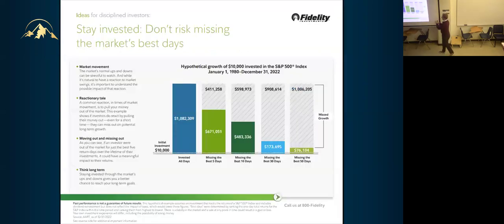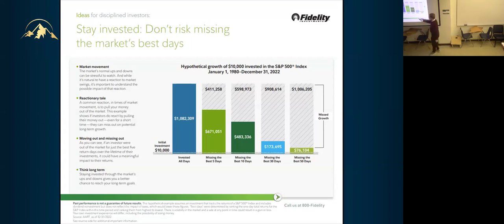This is always my favorite thing to reference when people say things look like they're getting bad: should I sell out right now and move to cash? Missing the 10 best days of investment performance cuts returns more than in half. The 10 best days from 1980 to 2022. That's 42 years of market returns.